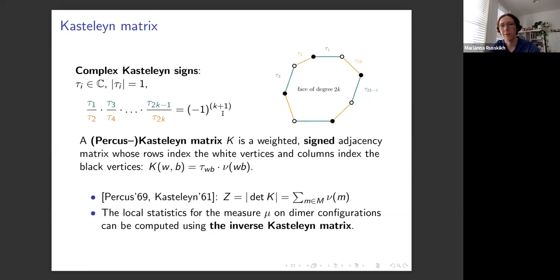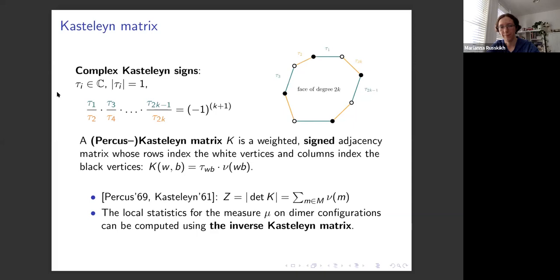And the condition is the following. The alternating product of Kasteleyn signs along each simple face of degree 2k is (-1)^(k+1). One can always choose Kasteleyn signs to be real ones, so just plus and minus 1. However, it's convenient to deal with complex signs, and this is what we will do.